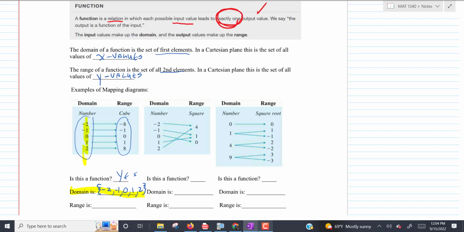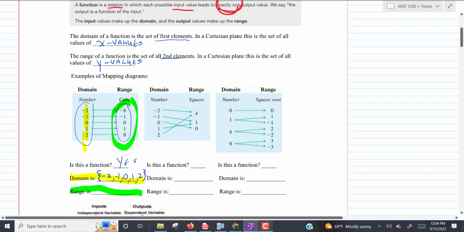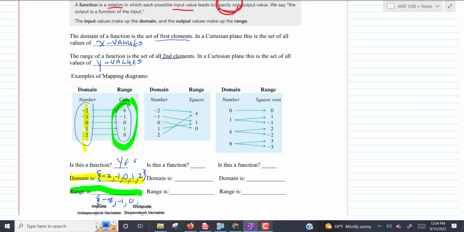The range is all of the y values, okay? So that would just be these things right here. Again, for the range, we use a brace, and then we say -8, -1, 0, 1, 8, like that. Okay, so that's what a function looks like. Every member of the domain goes to only one thing. That's what you want to get straight.